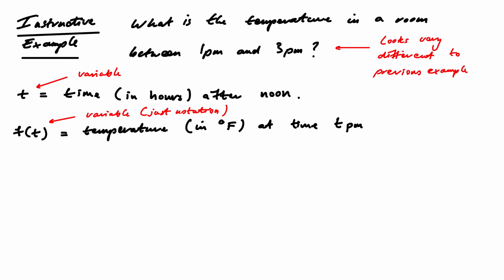So there is no reason to believe that there's some slick formula for this. It's just a quantity, right? So this won't necessarily be given by a neat formula. Okay, absolutely not.